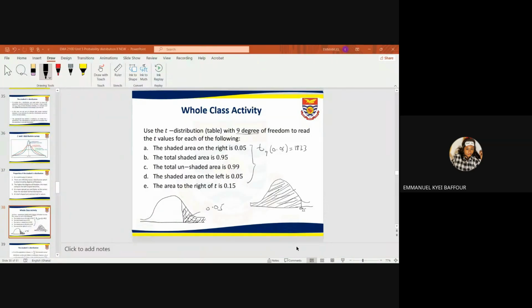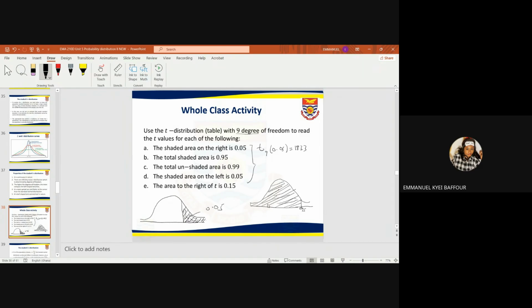But if you look at this carefully, you realize that the table that we presented here is a right tail test. So from this point up to this, if it is 0.95, then it is the same as looking for an area that is left here.